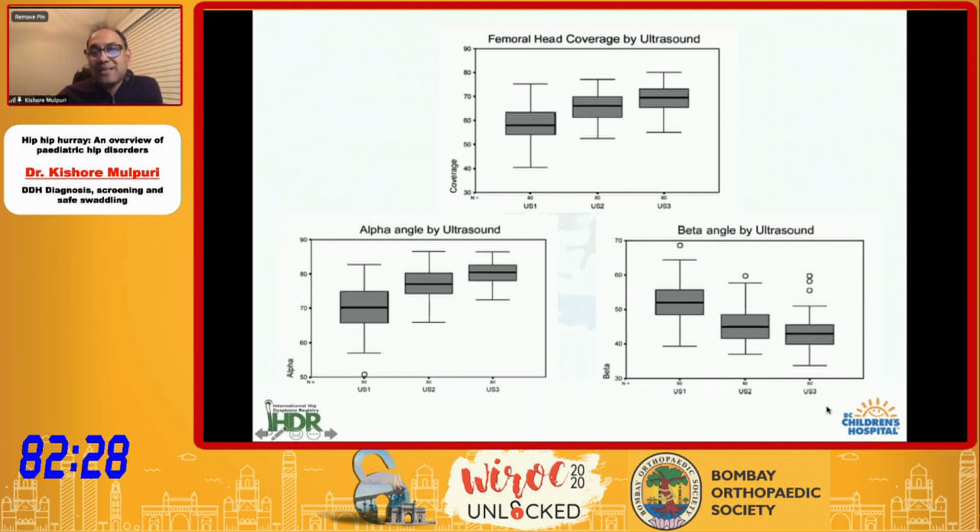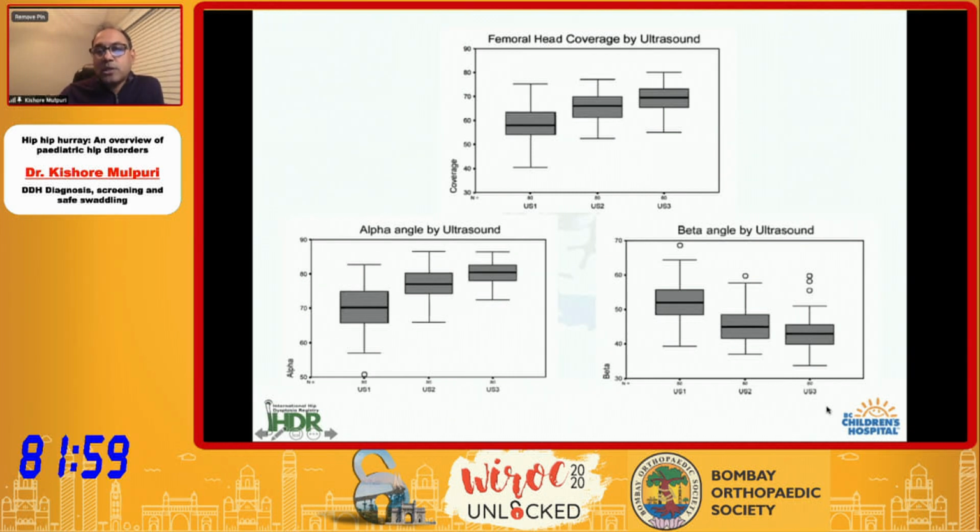So you may think they're dysplastic and may start treating them. The best age to differentiate between dysplastic hips, the ones that really need to be treated, versus normal is around 6 weeks of age. That's when the alpha and beta angles are mature enough, femoral head coverage is mature enough, that you're actually able to separate out what is truly dysplasia versus normal development. So it's important to keep that in mind.